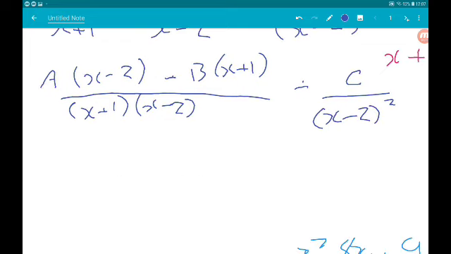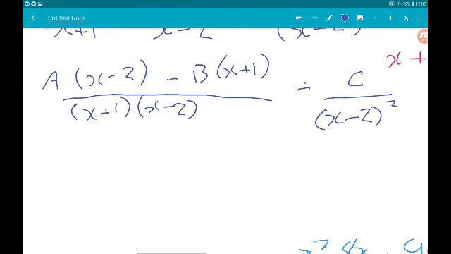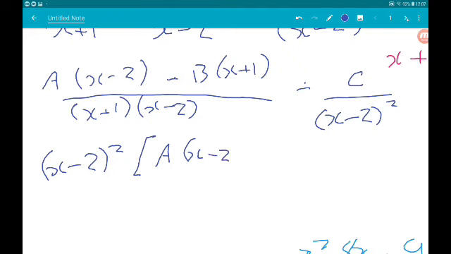So again, the bottom of the second fraction multiplies the top of the first, so we get x minus 2 squared times A lots of x minus 2 plus B lots of x plus 1.